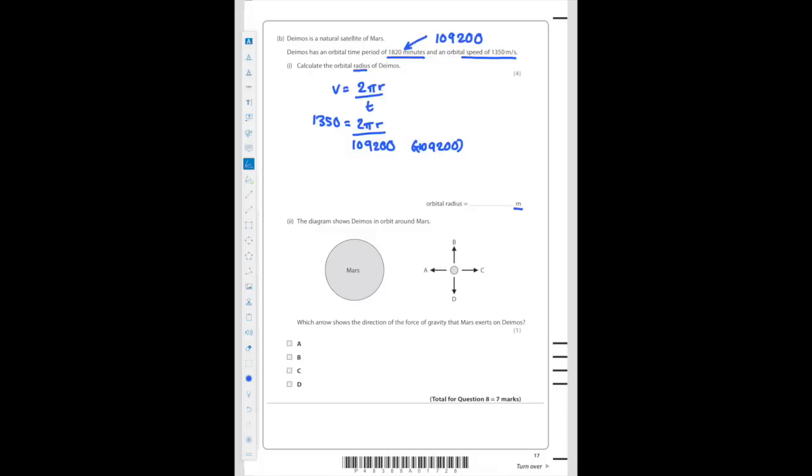And that means 1,350 times 109,200 to get this very large number, which I'm not even going to attempt to read, equals 2 pi r. To get r by itself, just divide both sides by 2 pi. So keep that number in your calculator and divide by 2 pi, and r will therefore equal this large number again. And it's up to you how many significant figures you want to give it to, seeing as they haven't specified, so I'm going to write it like this.